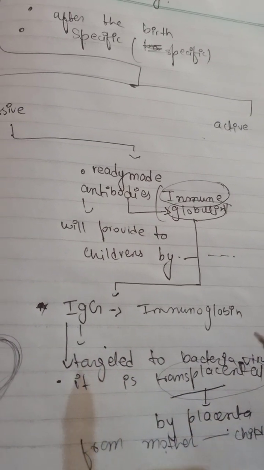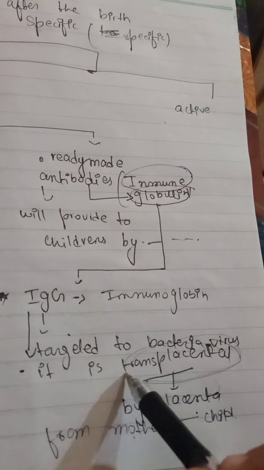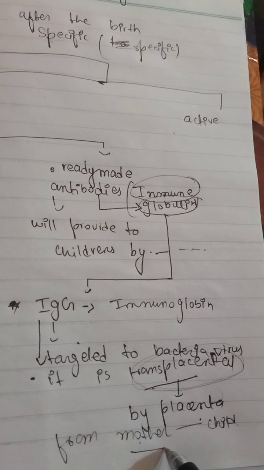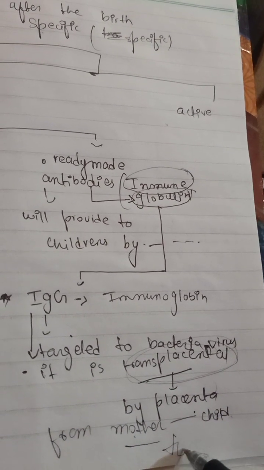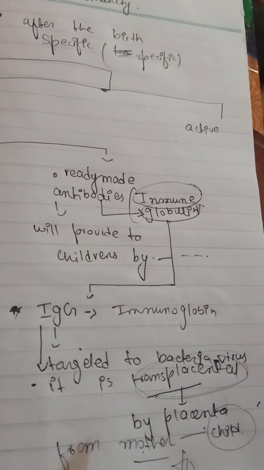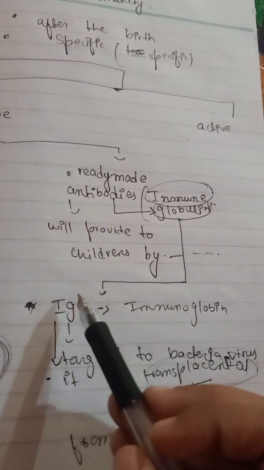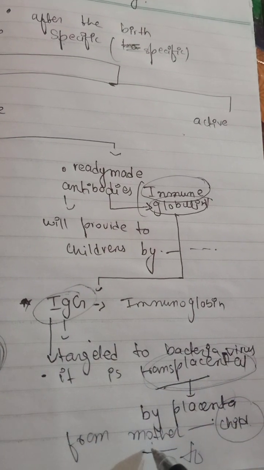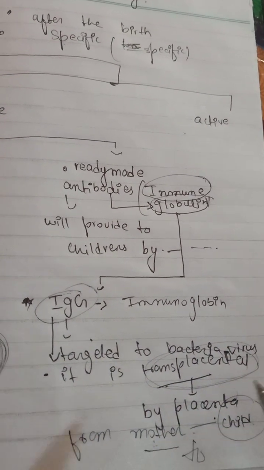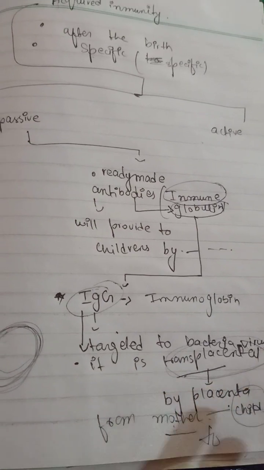So this is transplacental transfer, from mother to child. That is where IgG comes from, from mother to child. This is a natural process.